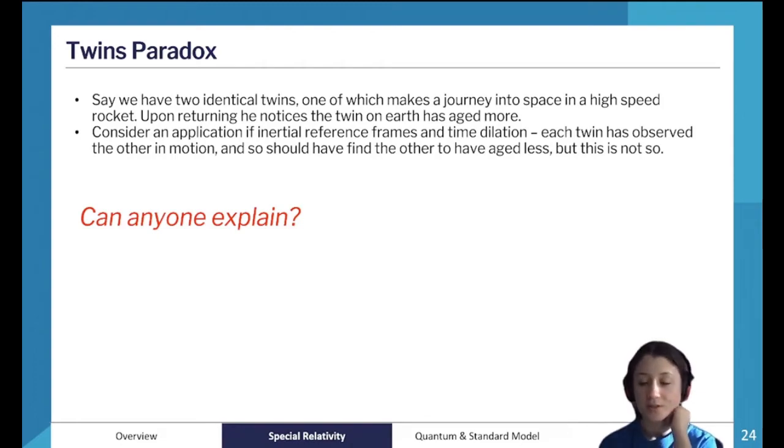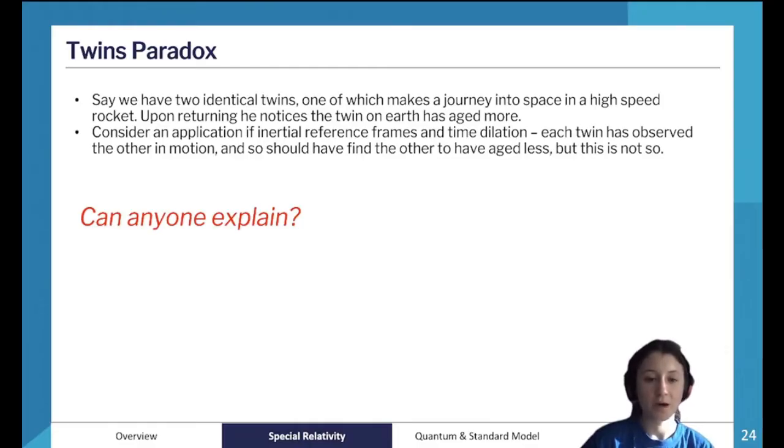So he goes on his fast journey, he comes back, and his twin looks older. So, consider an application of inertial reference frames and time dilation. Each twin has observed the other in motion, alright? So, they should have found out that the other had aged less or was younger, but this is not so.